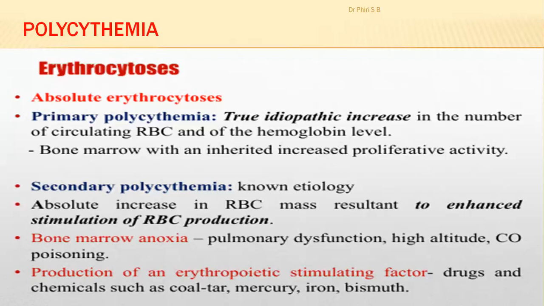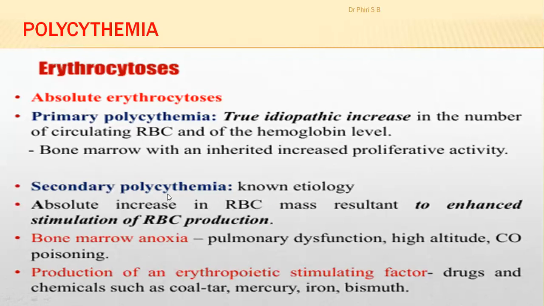Then you also have secondary polycythemia with the known etiology. So the cause is known here. So in the secondary, the cause is known, but in primary polycythemia, the cause is not known, but there is just hyperactivity of the bone marrow that will result into more production of red blood cells.